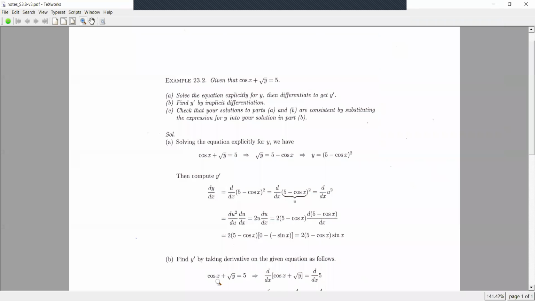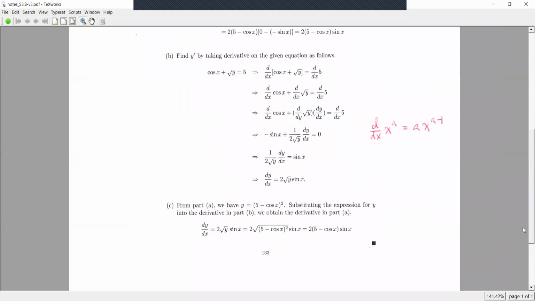Now, take the derivative on both sides of the given equation. The derivative on the left-hand side is of a sum. Cosine of x is a function. Y is a function because y depends on x. So square root of y is a function.